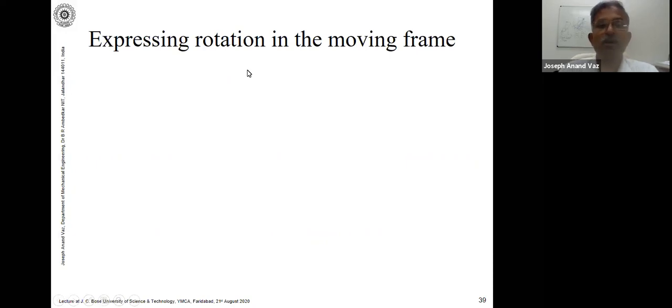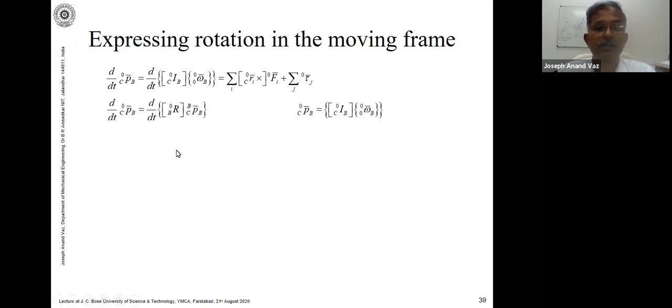The expression of dynamics in the rotation, in the moving frame, is not as simple as what you saw in the inertial frame. There, both the rotational as well as the translational dynamics appear to have a Newtonian kind of form. Here you have a slight difference.